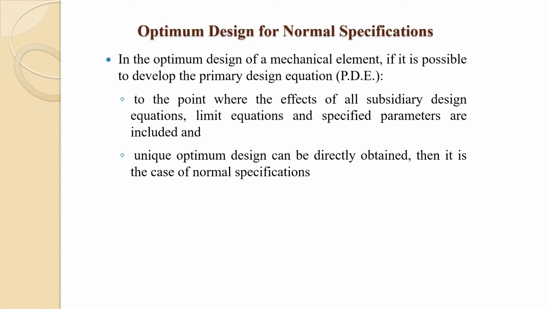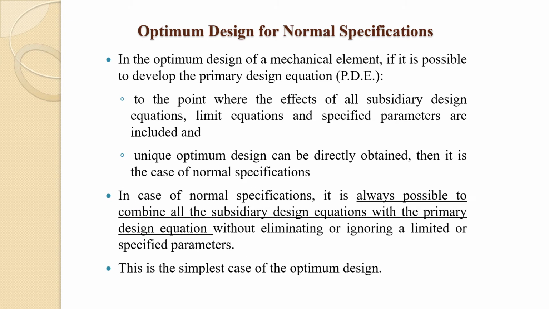Basically, in short, we have to include all subsidiary equations, limit equations, and specified parameters, and develop one primary design equation. Then after solving the primary design equation, we will get a unique optimum design for the mechanical element. If that is possible, it is known as the design for normal specification.